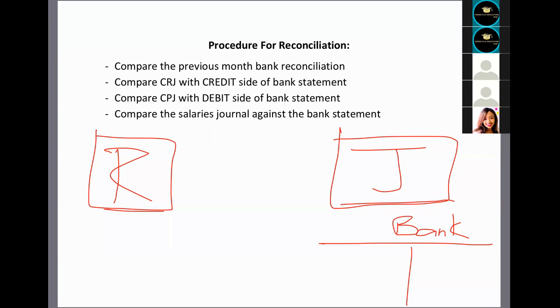That's the first step. So my bank charges appear on my bank statement. If anything appears on my bank statement, then I know it does not go in my recon. It goes in my journals, so in my T account, right? But if it appears in my journals, meaning in my CPJ or my CRJ, but it's not on my bank statement, then I know that it goes in my recon, right?